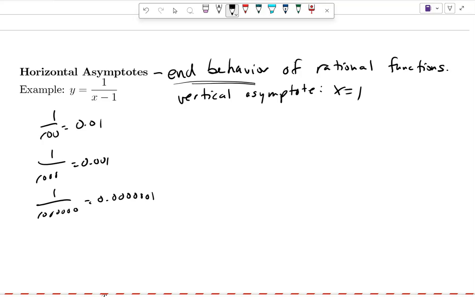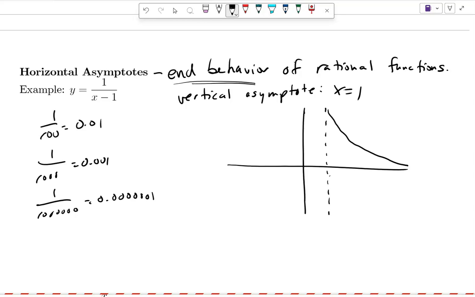Okay. So if I look at a graph then, what that means is we said we had a vertical asymptote at 1, but as we get really, really big, it's getting really, really small. So we're going to end up with something that looks like this on this side, and it'll look like this on this side.